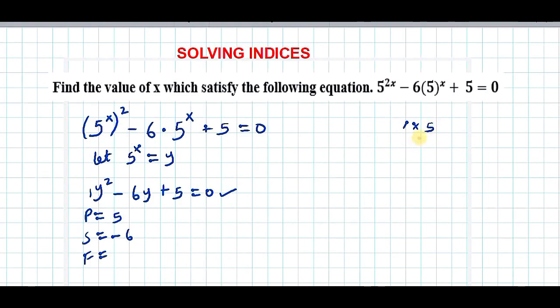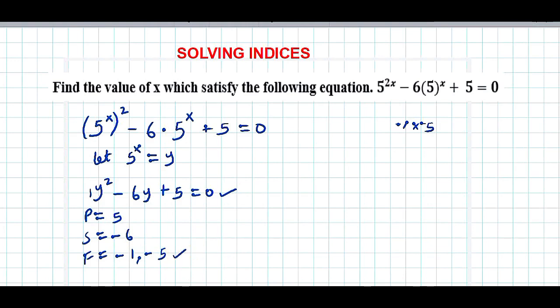Remember, 5 is a prime number, and therefore we can play about with these two factors so that these conditions are met. Now, if we make both of them negative, like negative 1 and negative 5, their product should be positive 5, and then negative 1 plus negative 5 should give us negative 6. So the values here are negative 1 and negative 5.